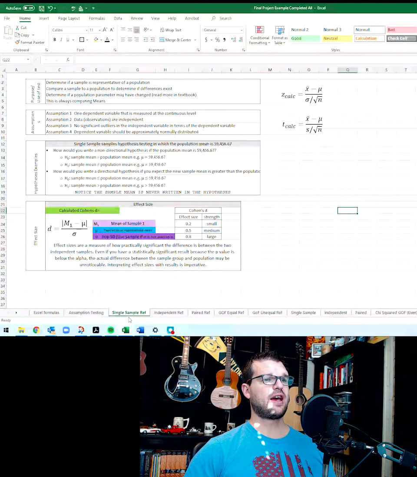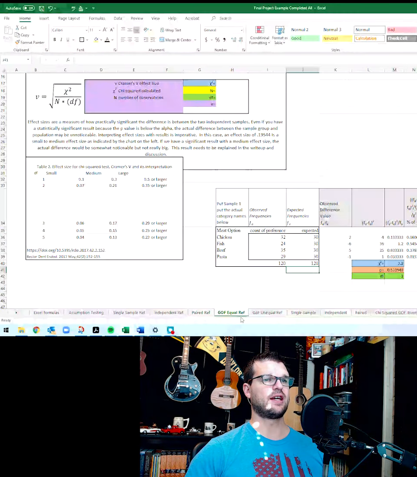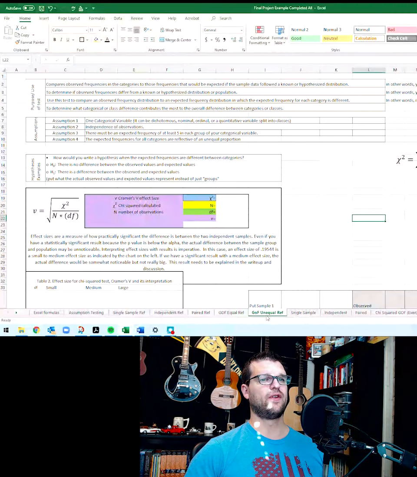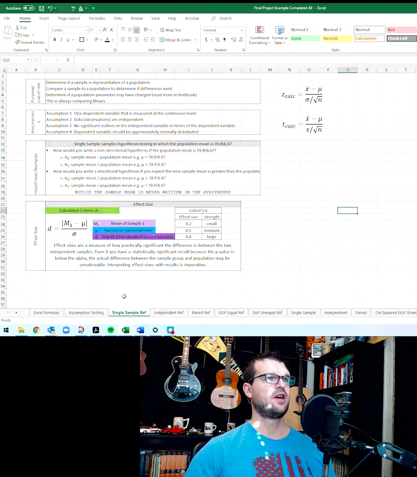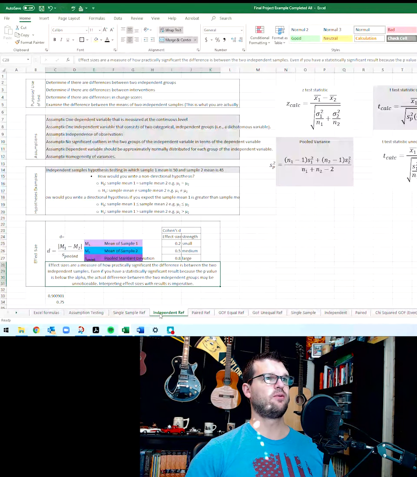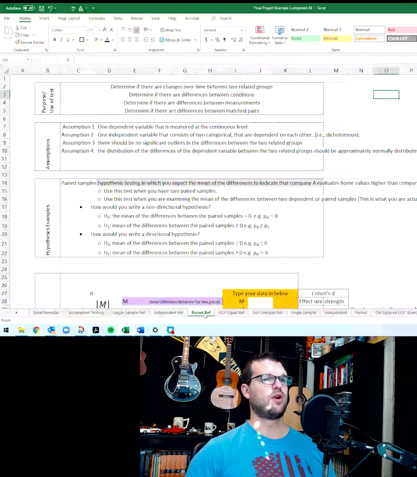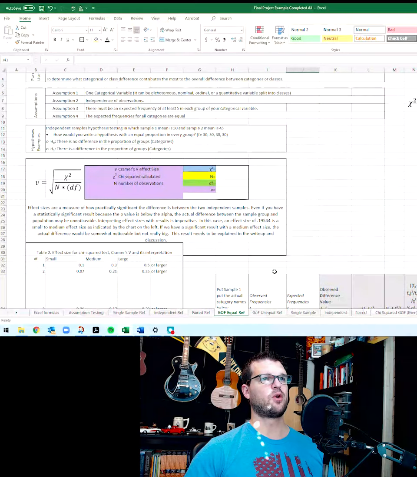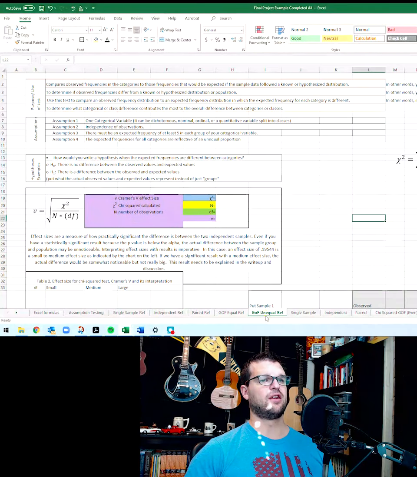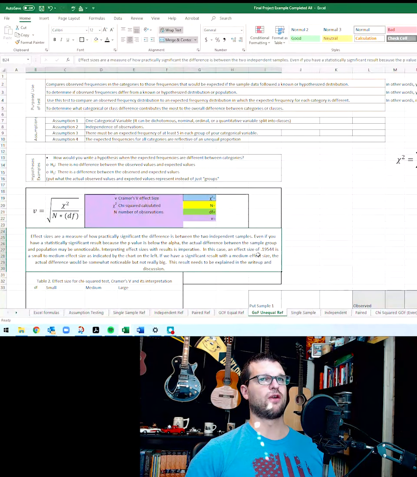Okay, next I have a reference sheet for each different type of test. We're not going over all of those right now, but I just wanted to point out there's a single sample reference sheet, an independent reference sheet, a paired reference sheet, a goodness of fit for equal proportions reference sheet, and a goodness of fit for unequal proportions reference sheet.